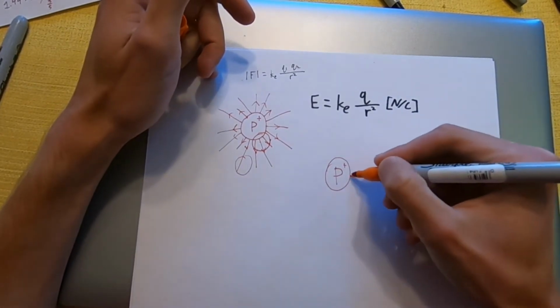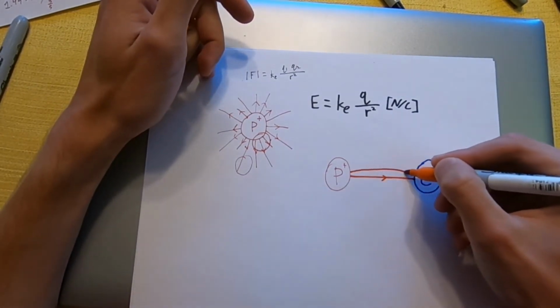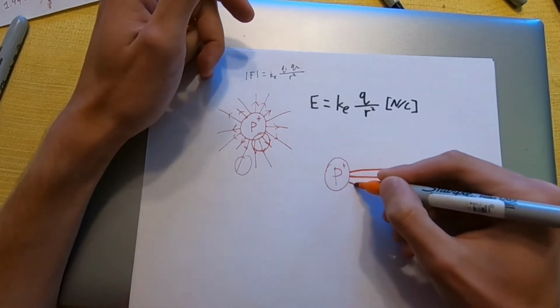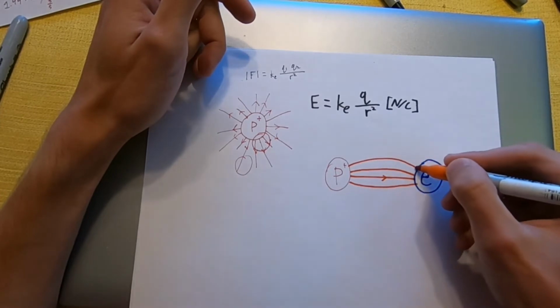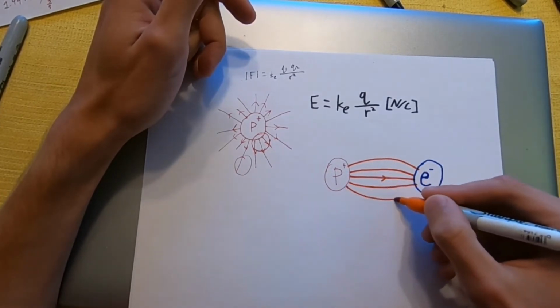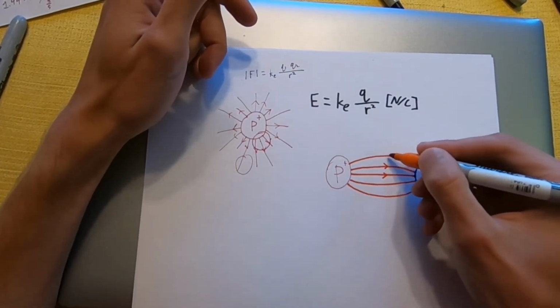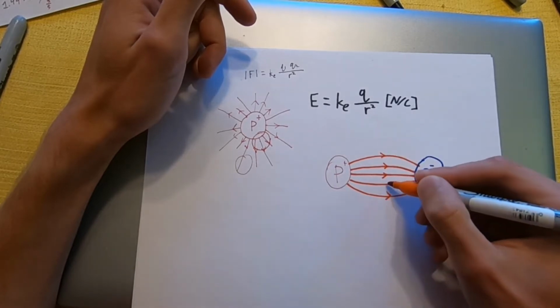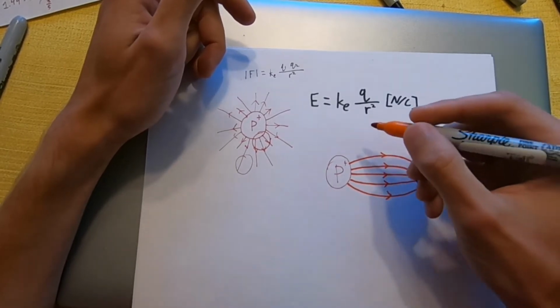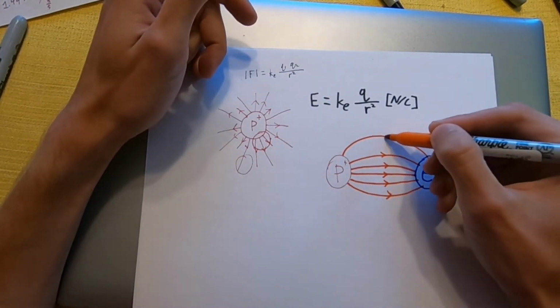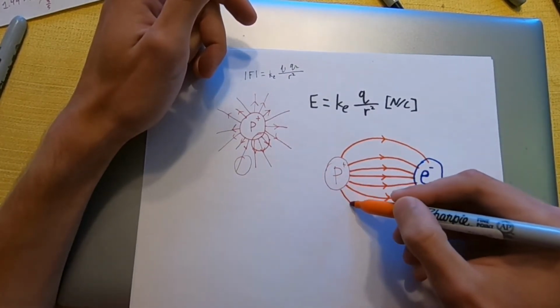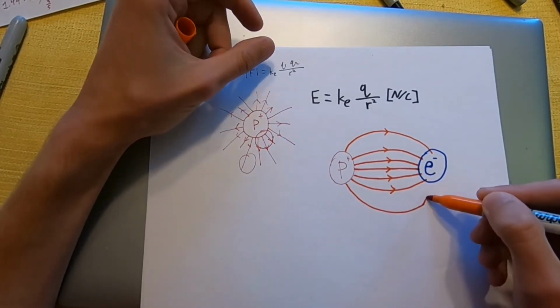But so we have one field line here, and again, like we said, this space in between is going to be very densely populated with field lines. And then it's going to get gradually weaker as we get farther and farther away.